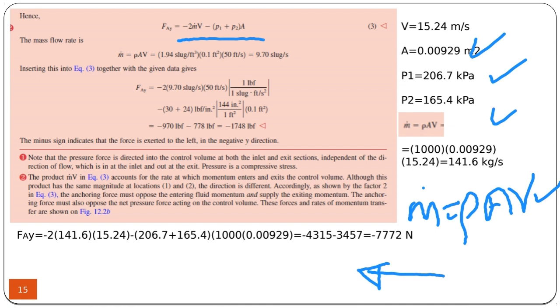Like the fireman holding the nozzle, they should apply a force in the opposite direction of the flow, because the flow pushes the nozzle backwards. So they should apply a force in the positive direction. So this is similar to it.